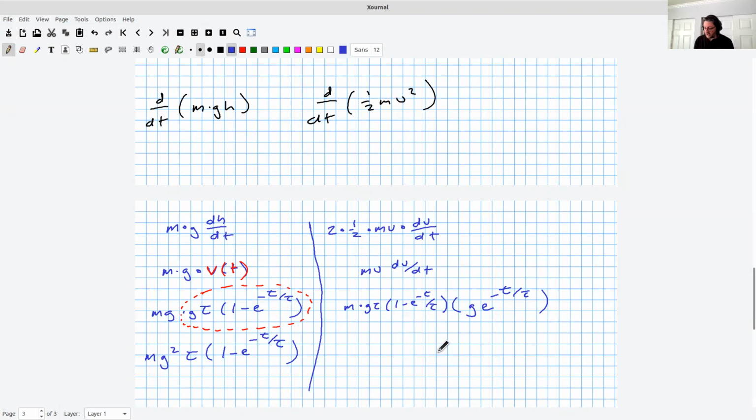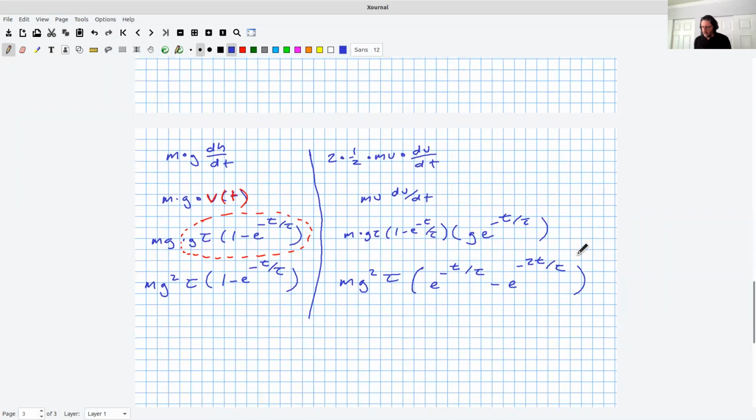And rearranging that a little bit, you get mg squared tau. That's nice. It's got those same prefactors. And then if I move that e to the minus t over tau inside, you get e to the minus t over tau minus e to the minus 2t over tau, because if you multiply those two exponentials together, you add up the exponents.